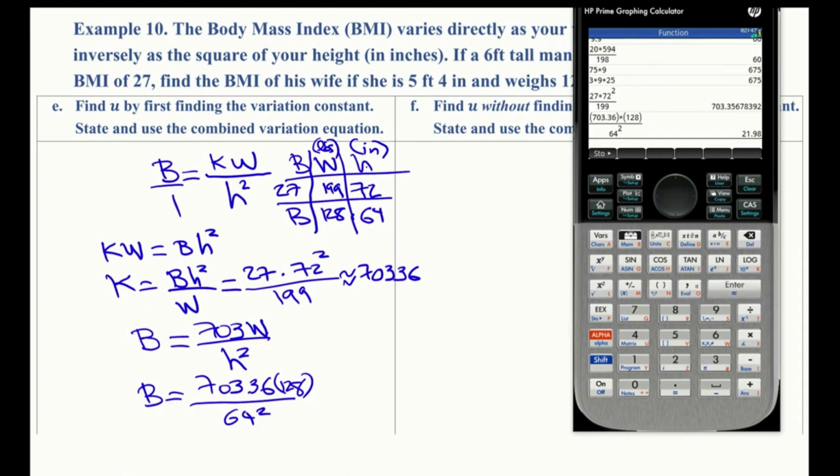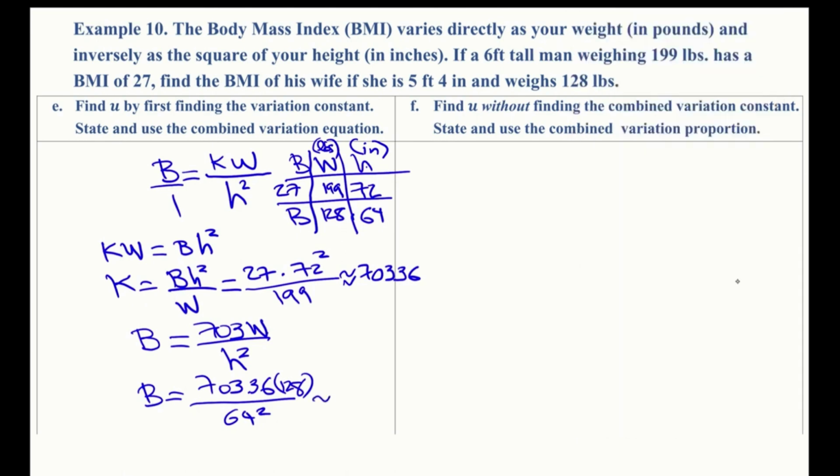All right, so that we can round. So the wife has a BMI of approximately 22.